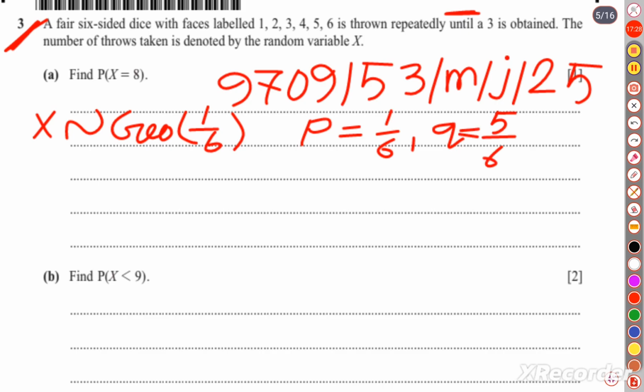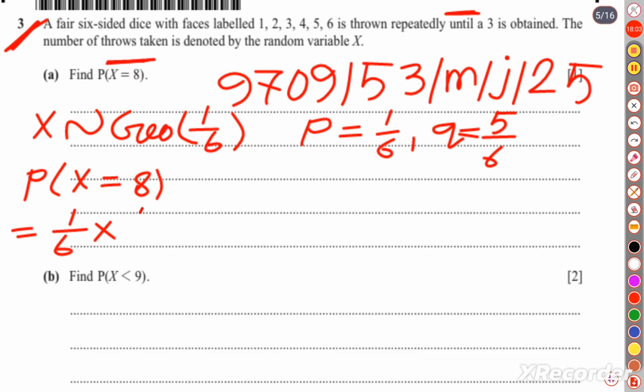Then they have told us to find that 8 throws were required to obtain a 3. So we can write probability of X equals 8 throws. So among 8 throws, it means on the 8th throw it was success, which is 1/6. And among the previous 7 throws, all of them failed.